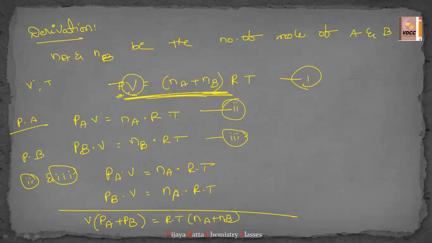If you are adding the equations, we get the final relation: partial pressure of A plus partial pressure of B into V equal to number of moles of A plus number of moles of B into R into T. This one I'll consider as the fourth equation.